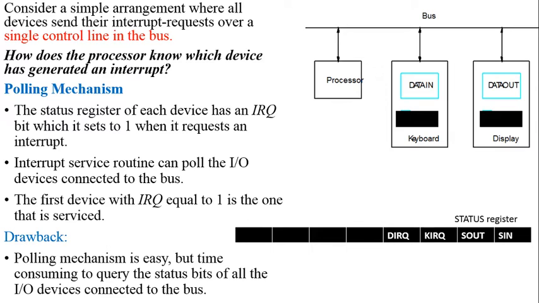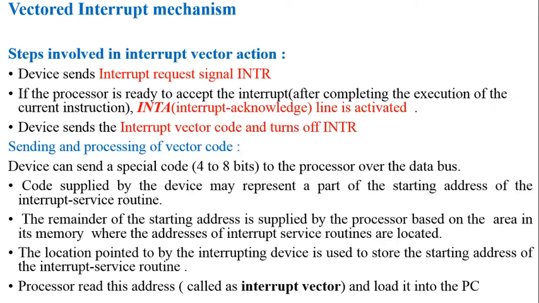This is a simple mechanism, and the problem is its inefficiency. Polling consumes time to query the status bits of all the I/O devices to identify which have set their IRQ bit as 1, and which among them set it first. So it is a time consuming activity.